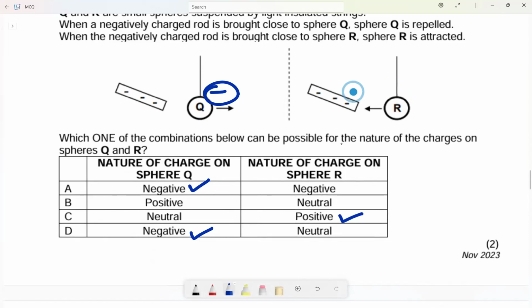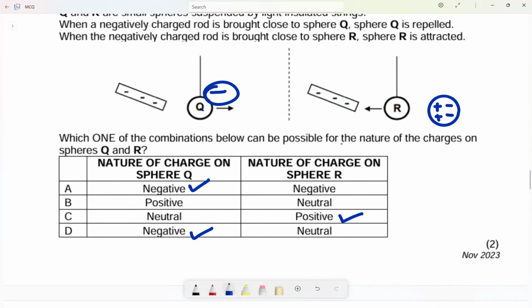Another thing that can happen is this: when the negatively charged rod is brought close to sphere Q, sphere R is attracted. Remember, sphere R has both positive and negative charges because it is a sphere. So sphere R can have positive and negative.